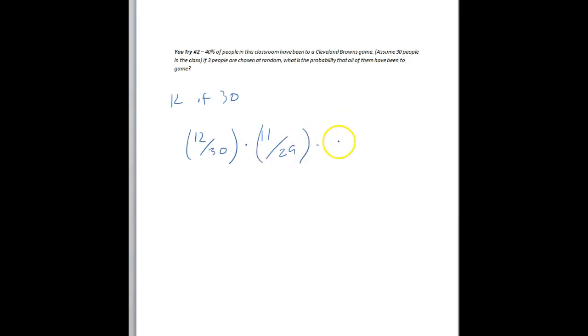Then we do that again: the remaining people that have been to a Browns game over the remaining people in the class. We multiply all those together. It's 1320 over 24,360. It gives us 0.0542.